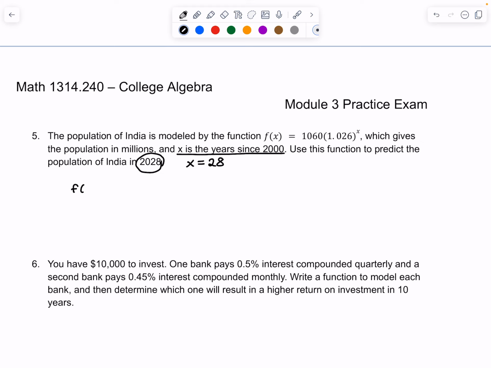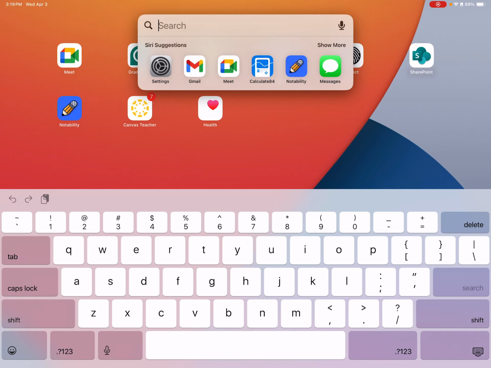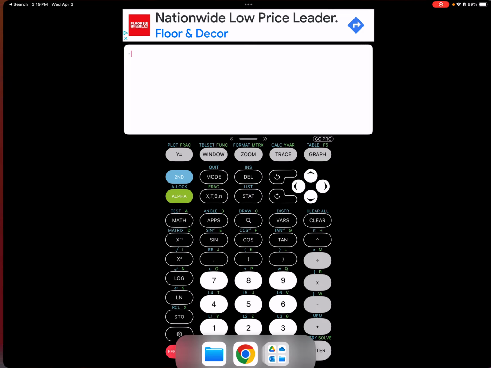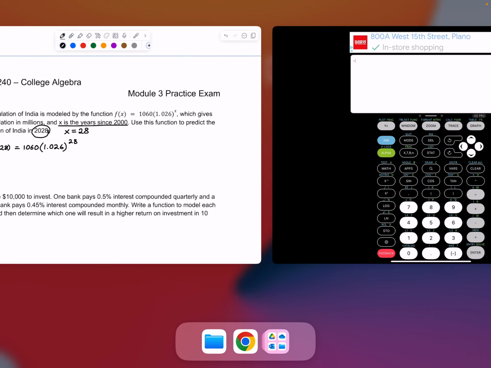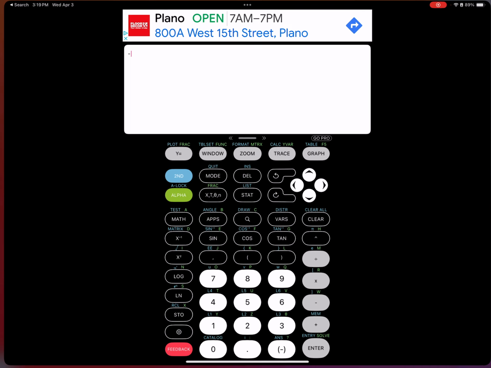So I'm going to have f of 28, which is equal to 1060 times 1.026 to the 28. And that's really all the math that I have to do. From here, I would just plug it into a calculator. So I'm going to pull up my calculator. And let's see, I've got 1060 times 1.026 to the 28.